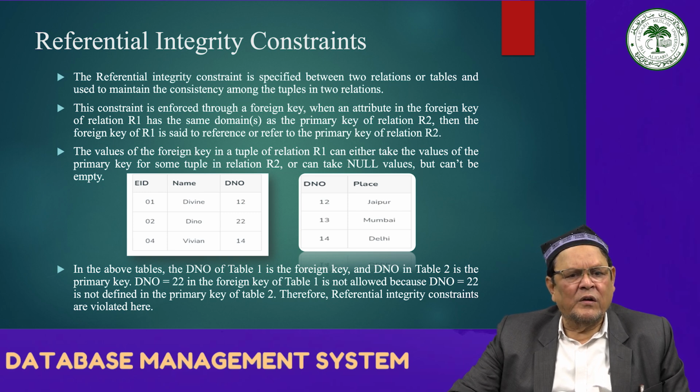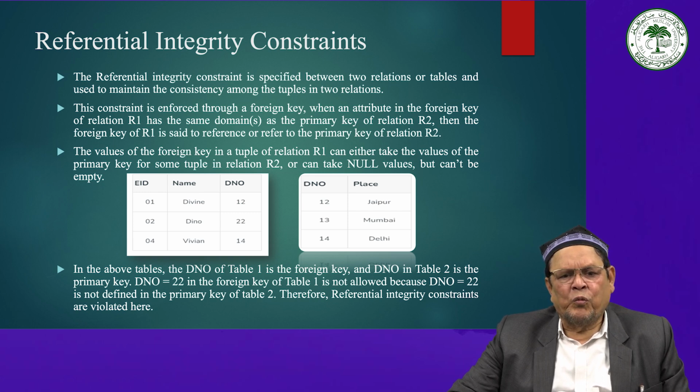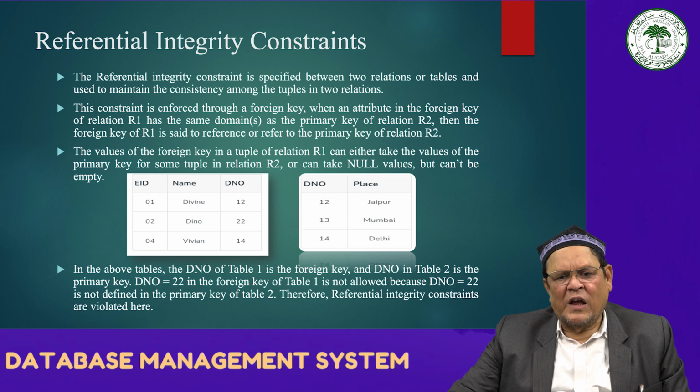This prevents orphan records where references point to non-existent data. Enforcing referential integrity helps maintain data consistency and prevents data anomalies such as orphaned records or inconsistencies in the related data. It ensures the accuracy and reliability of the database by preserving the integrity of relationships between entities.